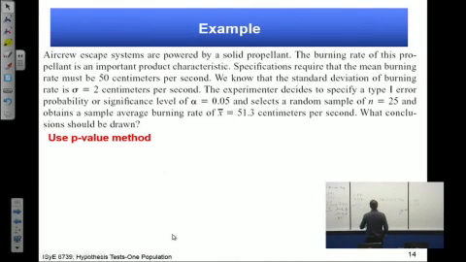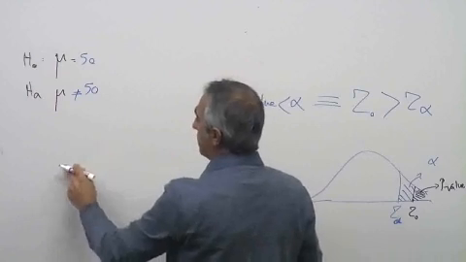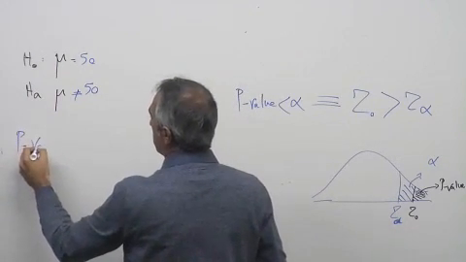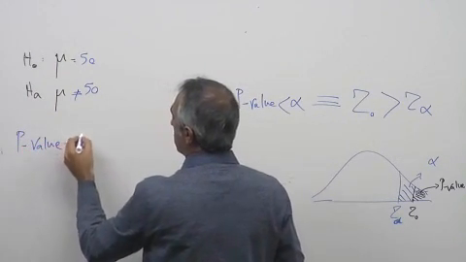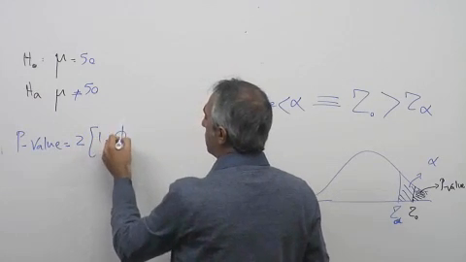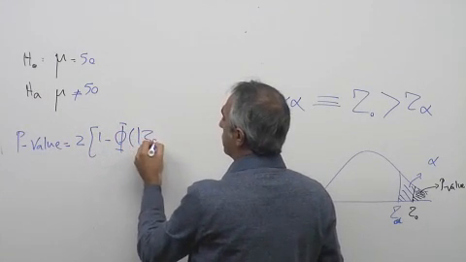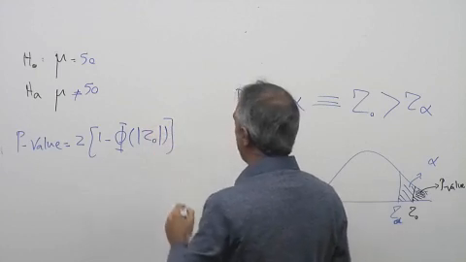So if you remember, this example was mu equal to mu 0, which is 50, and the alternative was mu is not 50. And that's the equation for two-sided.